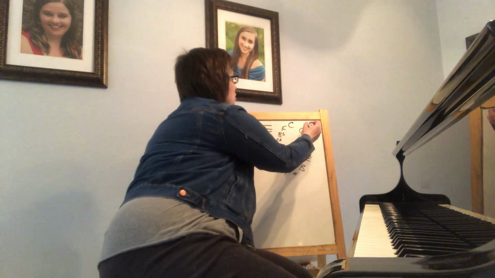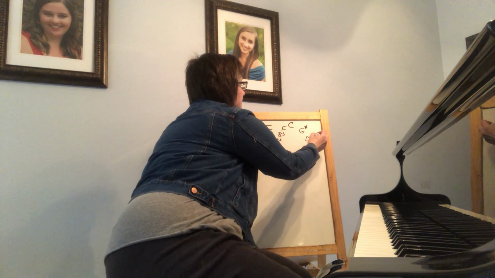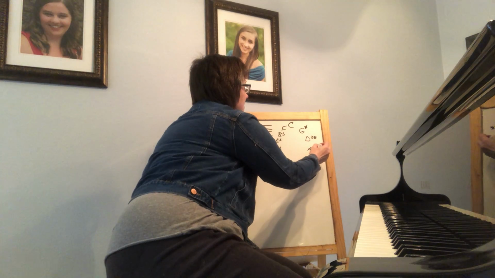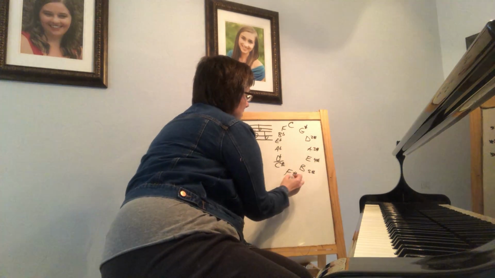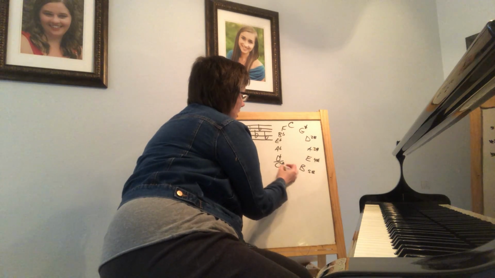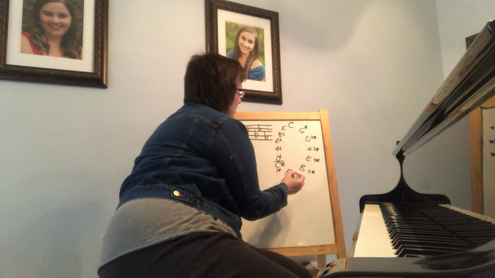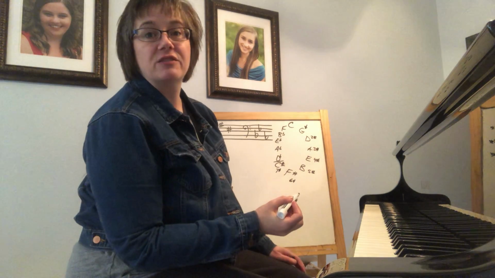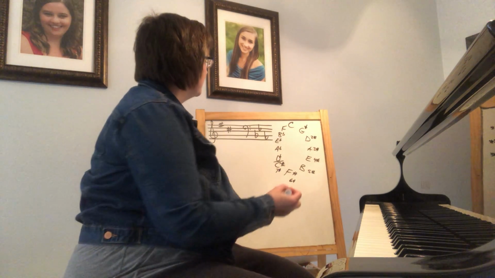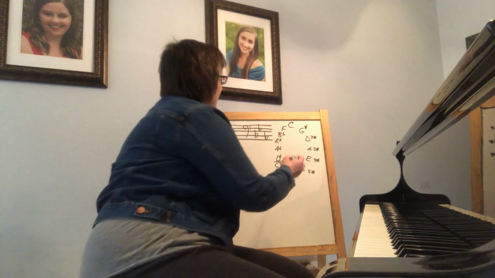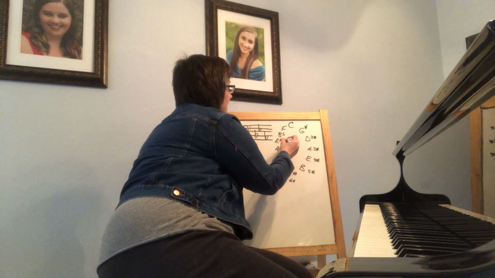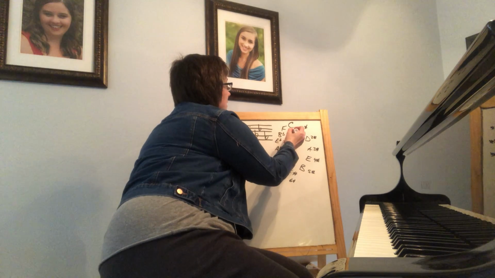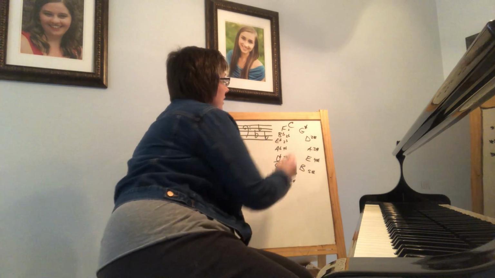Then as we move to G, G has 1 sharp, D has 2 sharps, A has 3 sharps, E has 4 sharps, B has 5 sharps, F sharp has 6 sharps, C sharp has 7 sharps, everything sharp, and then that's where we tend to flip and start spelling in flats. So D flat has 5 flats, and 4 flats for A flat, 3 flats for E flat, 2 flats for B flat, 1 flat for F. That gets us back to the top of our circle.